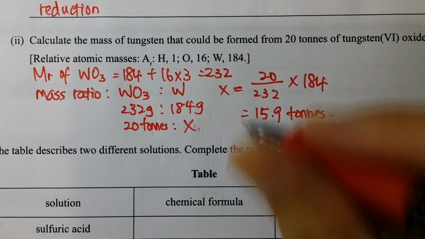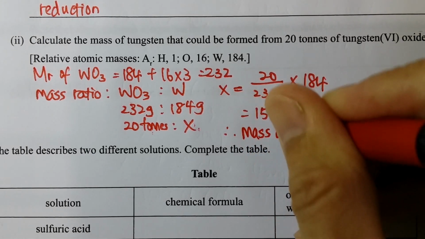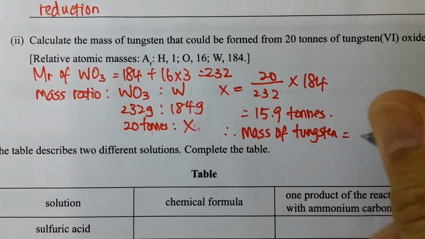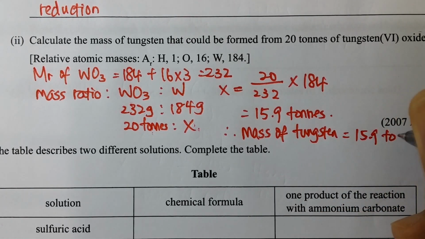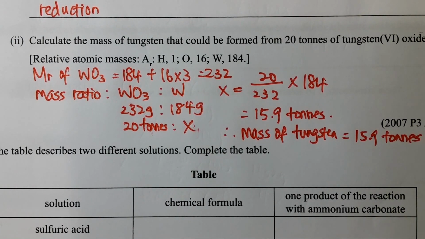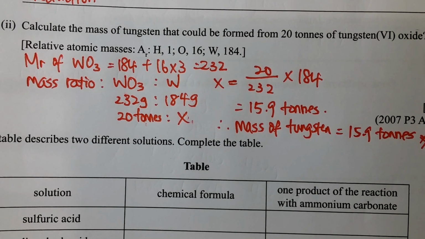So therefore the mass of tungsten is 15.9 tons, and remember it must be in 3SF. 15.9 tons. Alright?